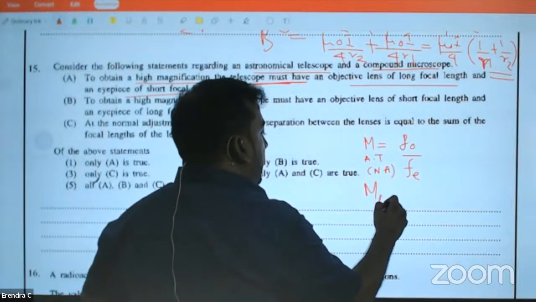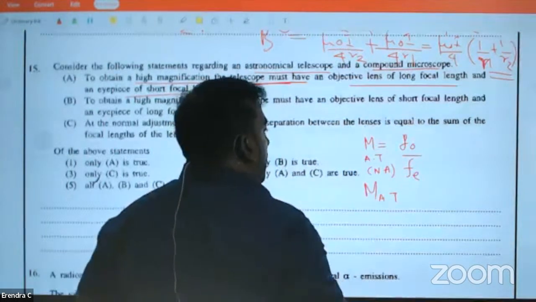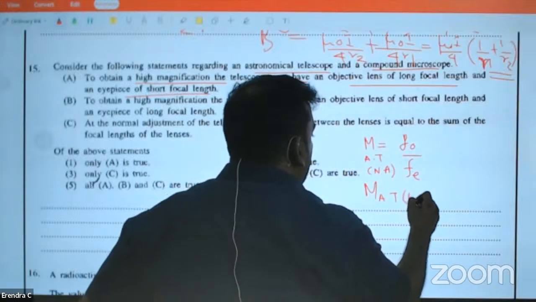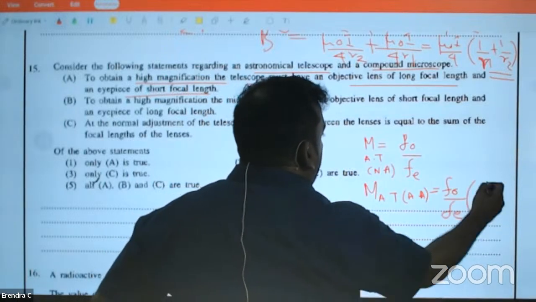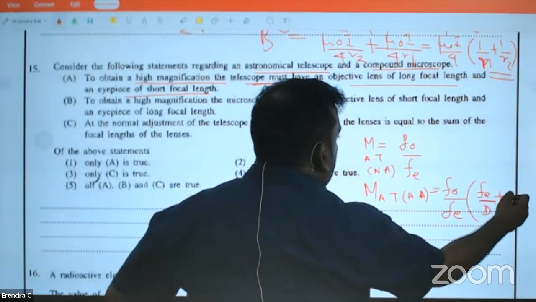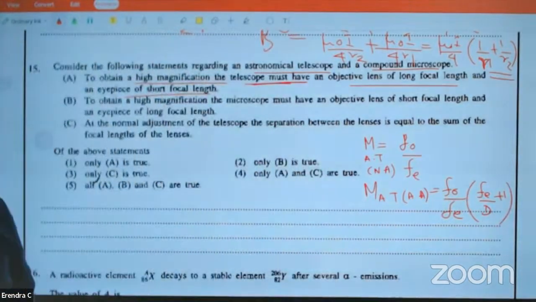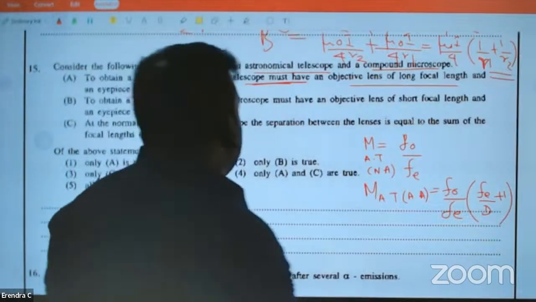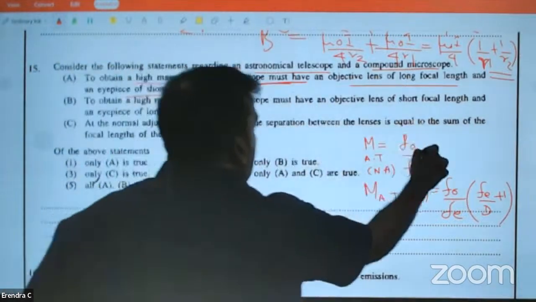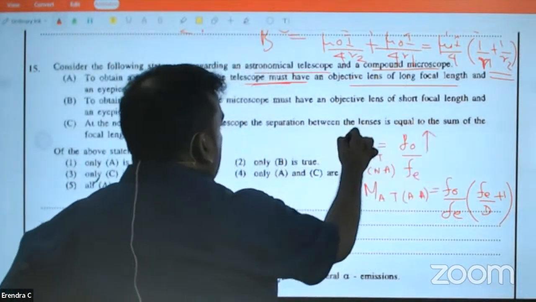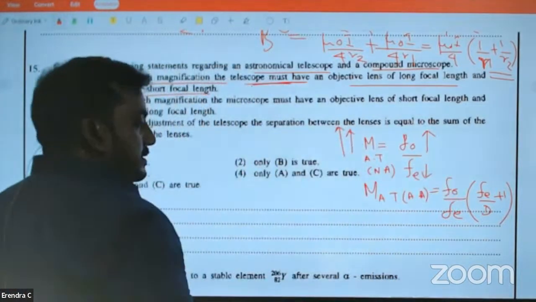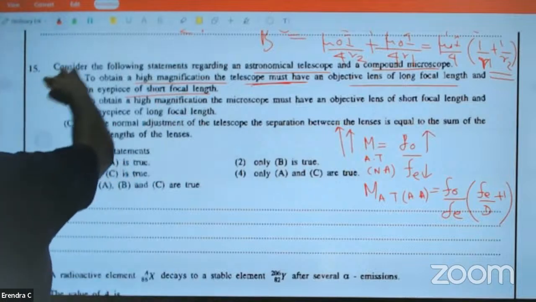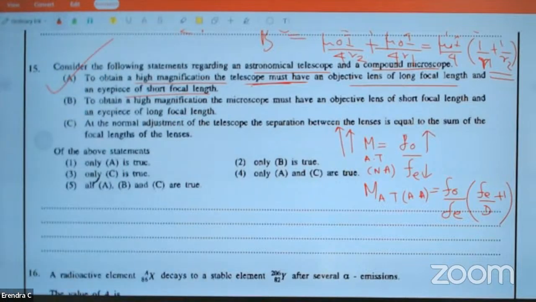Magnification, astronomical telescope, alternate adjustment, F0 over Fe times (1 plus Fe over D). You should know this. So telescope has a larger F0, so magnification increases. Smaller Fe, this further increases. Statement A correct.